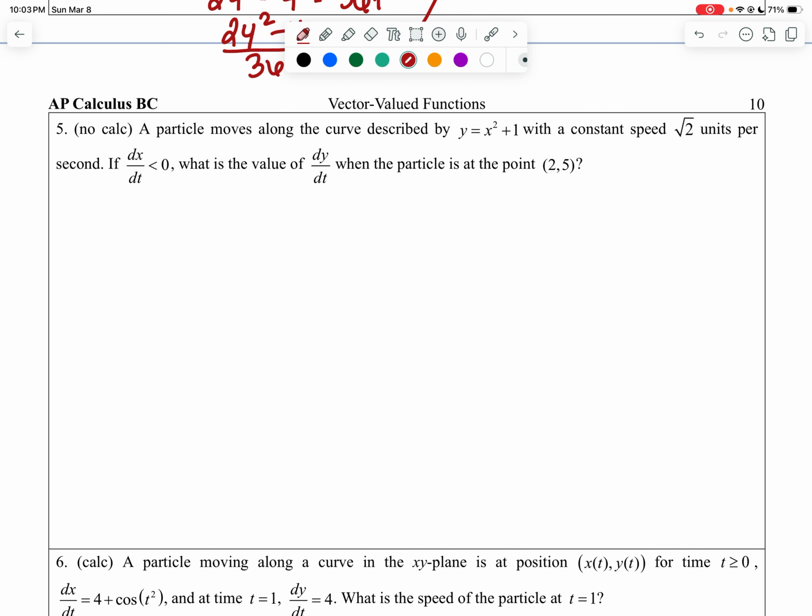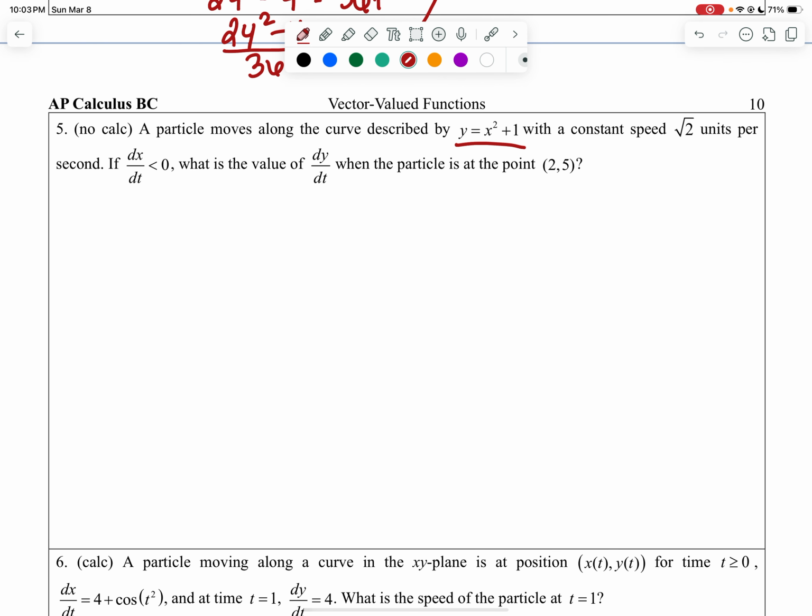They tell you that dx/dt is negative, and we need to figure out what dy/dt is at the point (2, 5). Now, that's a lot to work with, but we just need to break this down step by step. You need every single thing. So whenever you're doing an FRQ or an MCQ, and you didn't use everything, then something's probably wrong.